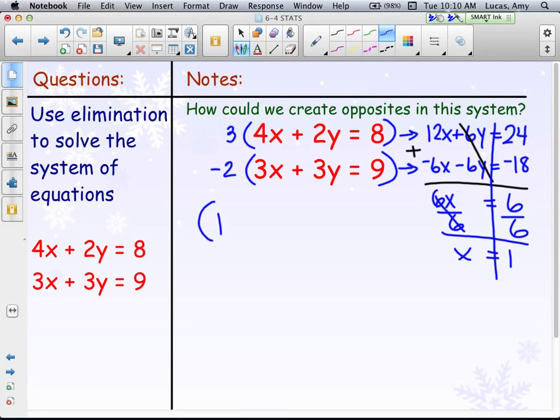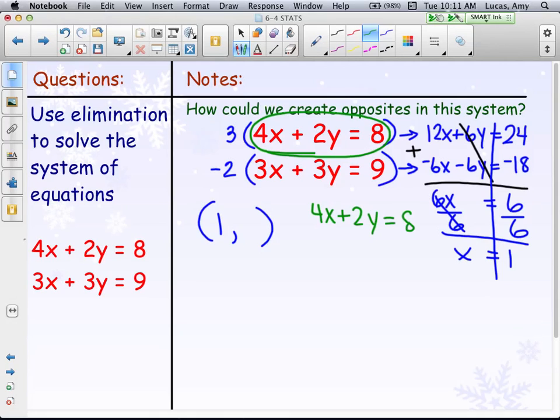So I have 1 for my x coordinate, and then I'm going to go with the top original equation. Remember, it doesn't matter. You've actually got 4 choices that you could go to. Either one of the originals or either one of the new equations would work.